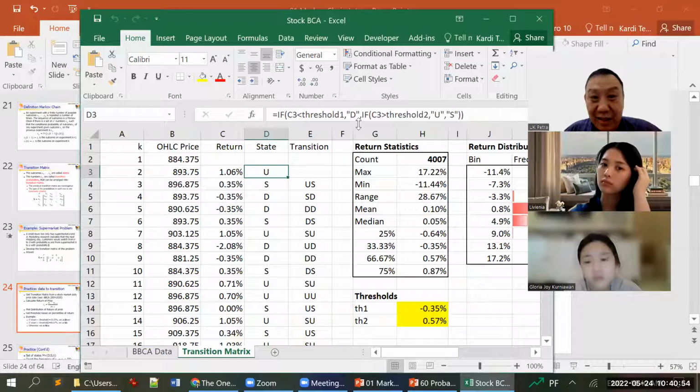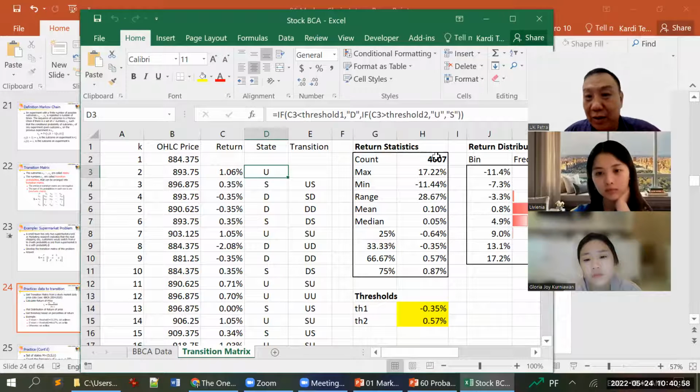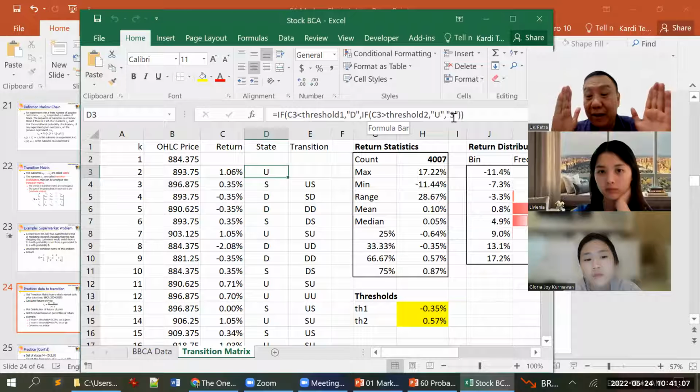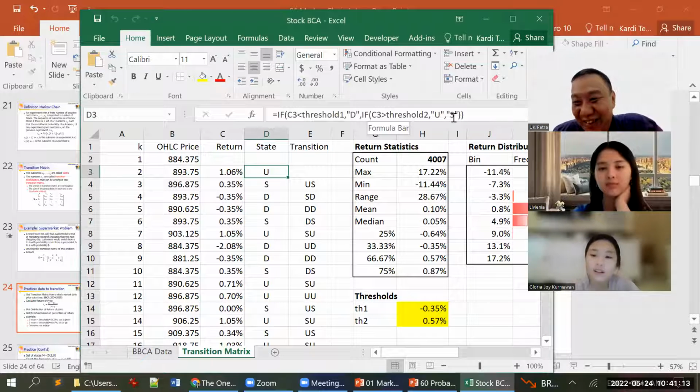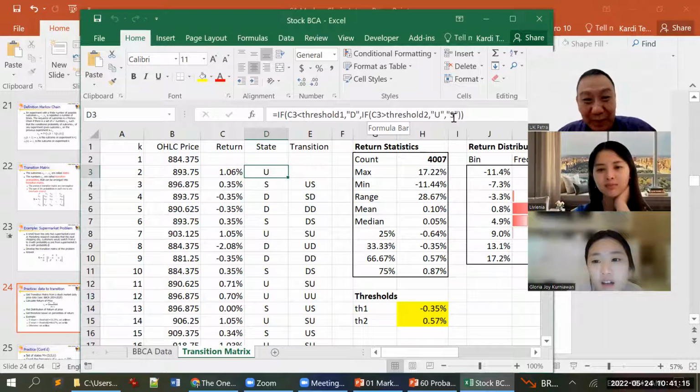If the value of the return is above a certain threshold, I will say up. That means the price is up. The price is down, the price is up, or the price is actually still the same, staying in the same range. Clear? So you can discretize.